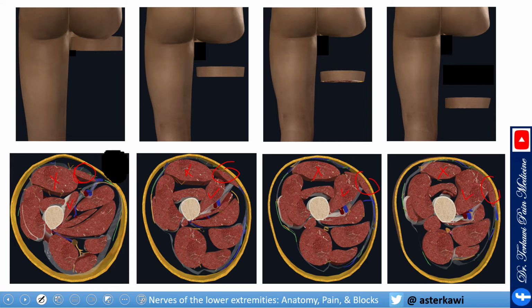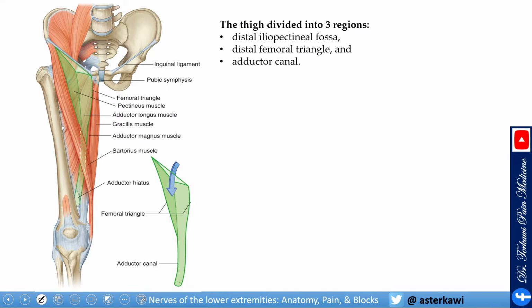Notice there is no major change in the vessel orientation, which is really what changes the muscles. And this is important when I'm going to talk to you now about how we determine the femoral triangle versus the adductor canal. So the thigh is divided into three regions: iliopectineal fossa, distal femoral triangle, or femoral triangle, and adductor canal.